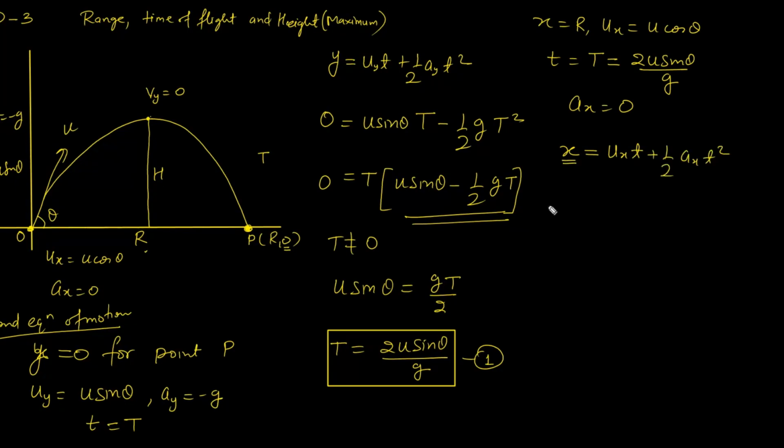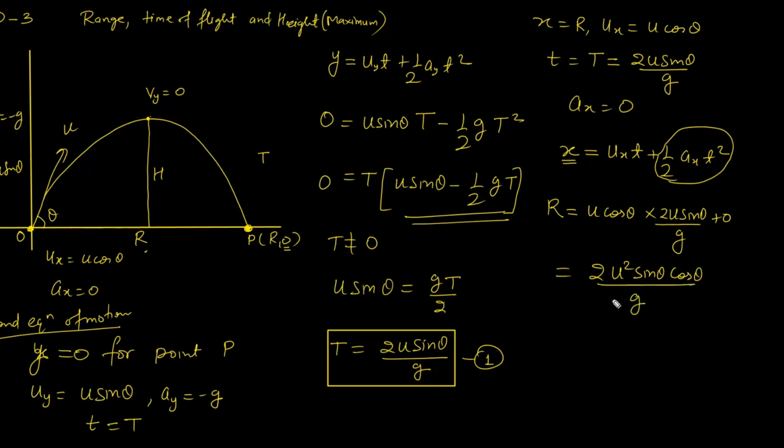Now the value of x is capital R, ux is u cos theta, time is 2u sine theta by g, and acceleration is 0, so this part of the equation will become 0. So it is 2u square sine theta cos theta upon g. This is the formula for range.